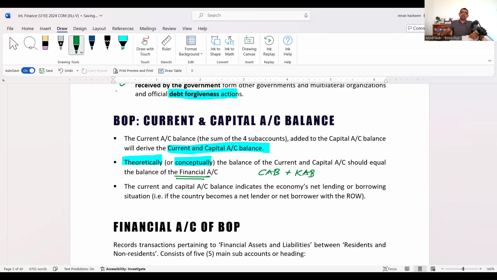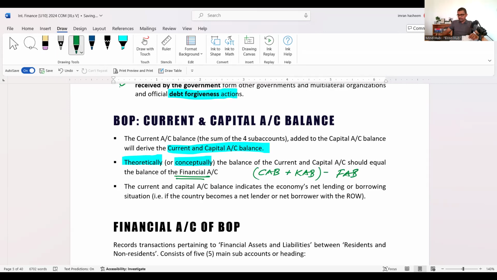In economics, in many places, for capital, we use the letter K. So CAB, KAB, current account balance, capital account balance. The total of this should equal the FAB, the financial account balance. Theoretically, that is what we are saying.